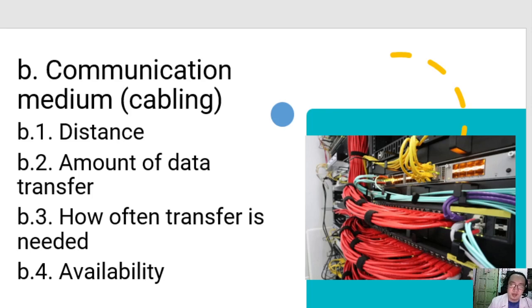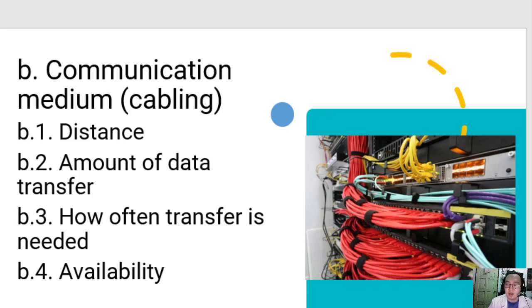Then amount of data transfer: large files like videos, audios, and graphics-rich files are best handled with coaxial cables, compressed video, and satellite connections, and these are usually expensive.